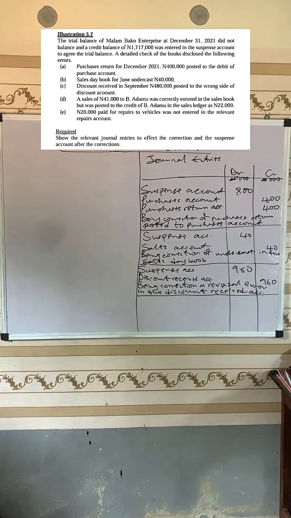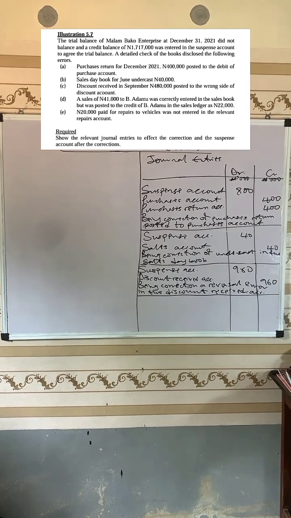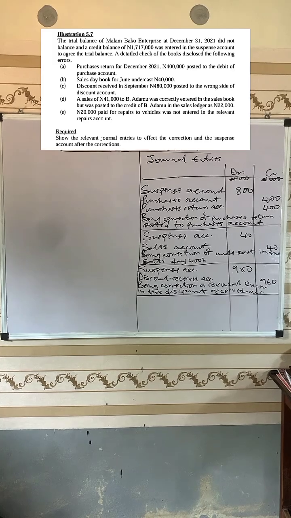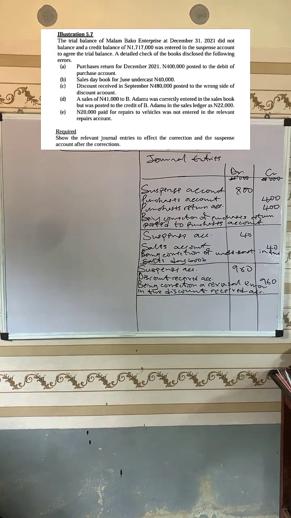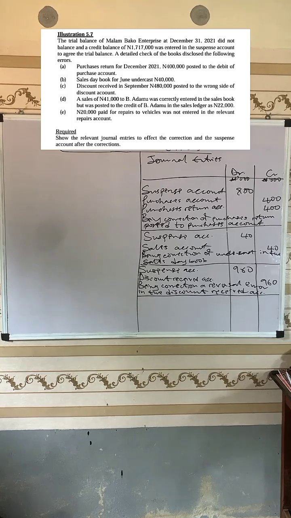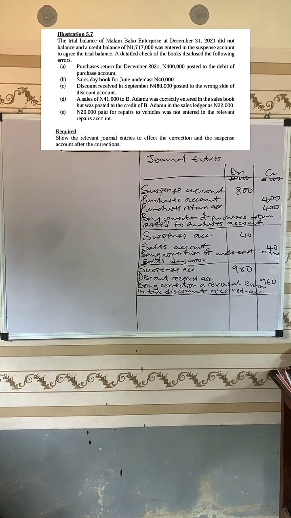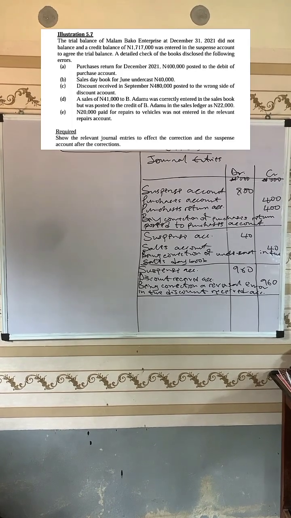So there is nothing wrong with our sales account, but it was posted to the credit of B Adamu account. Whenever there is a sale, we credit our sales account, then debit the customer's account. But in this case, the customer's account was credited instead of being debited. So that is a reversal error.